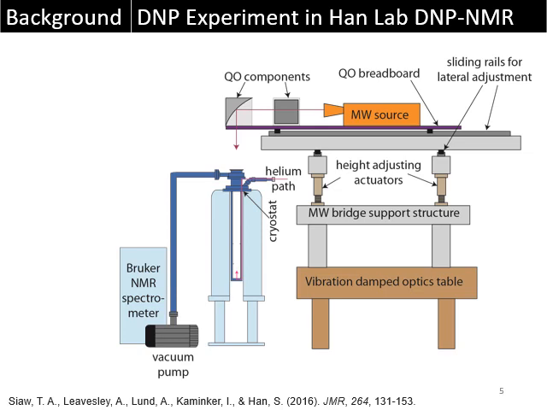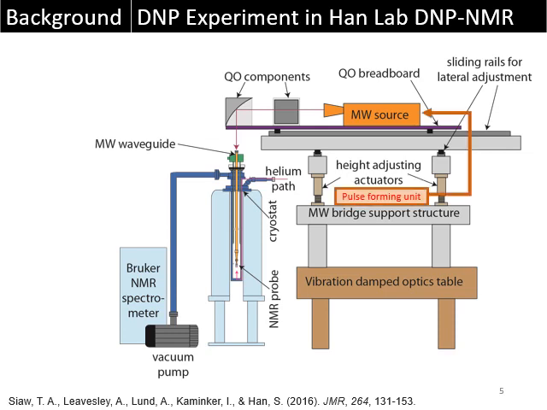Then microwave is guided through the corrugated waveguide and reaches the NMR probe, where our sample is located. Also, with this pulse-forming unit, we are able to generate arbitrary waveform pulses, and with this whole setup, we can also do high-field EPR detection. So this setup allows us to have a deep look into the DNP mechanisms at different conditions, which is very critical in improving DNP enhancement.